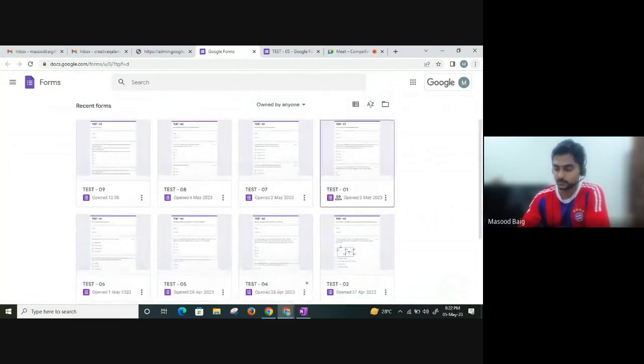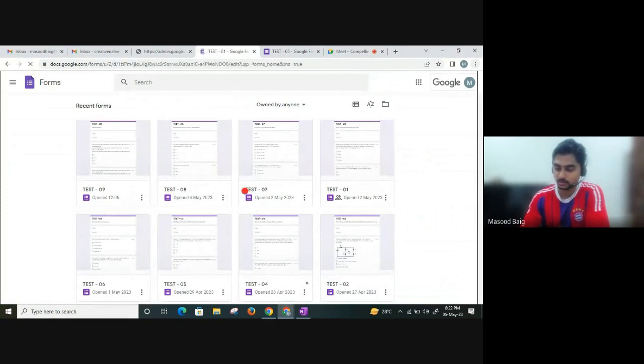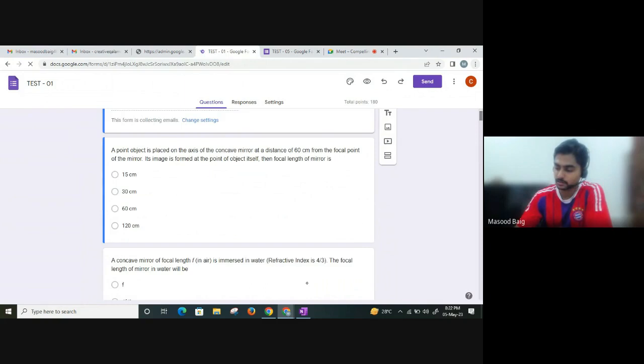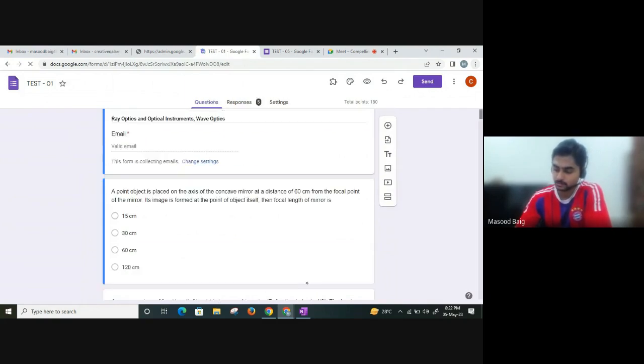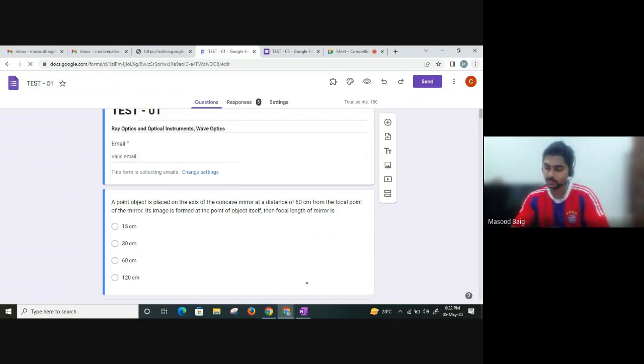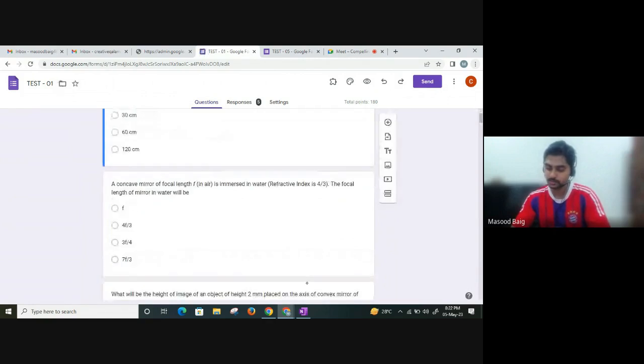If you have written the test, or even if you have not, you can cross-check with it. In the first paper, which belongs to ray optics, optical instruments and wave optics, I think we have solved this, right? I've given the review of this. In the first test that I have shared, if there is any question you have a doubt in, please ask, guys. Or in general, if you have any doubt, please ask so that I can explain that.